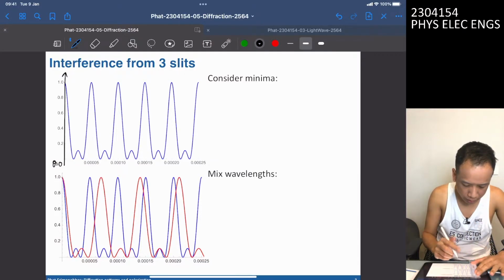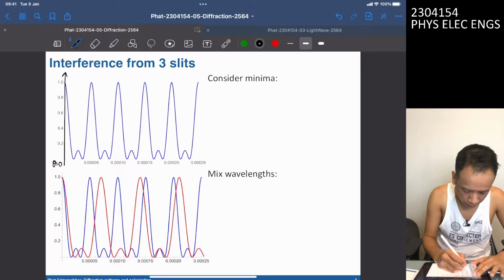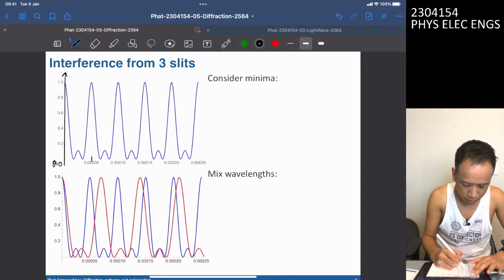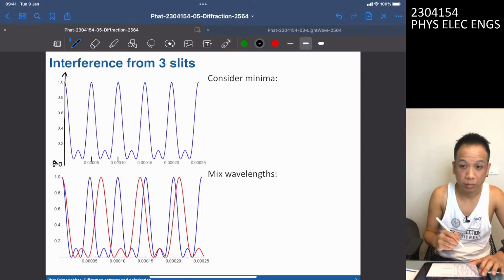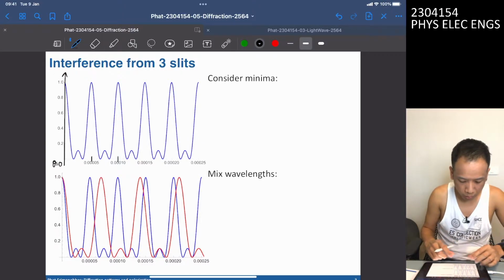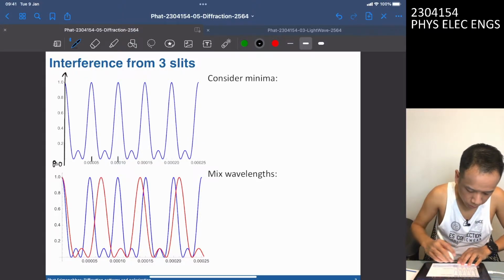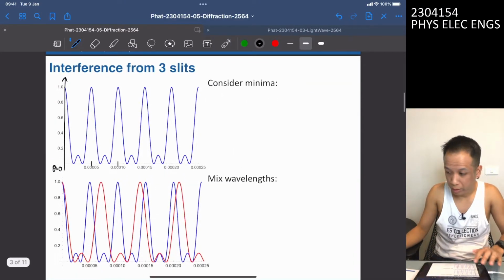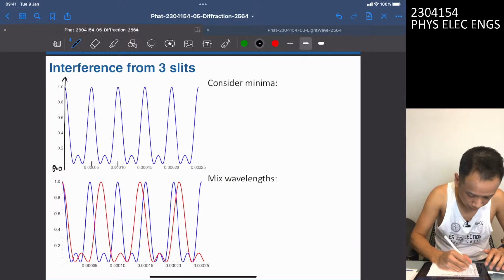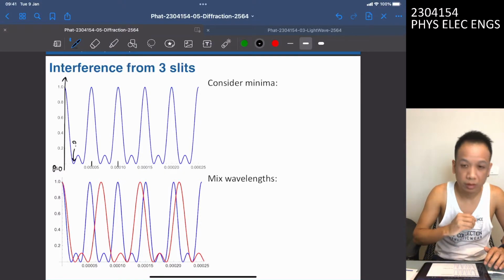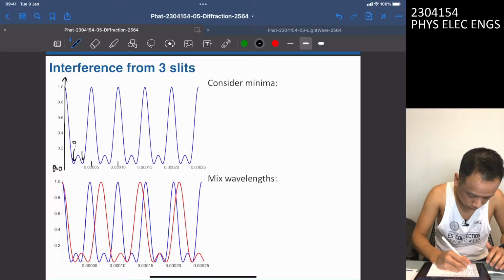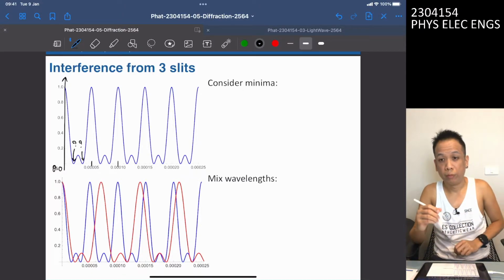Then you get another principal maxima. But before we go to that, we would like to learn first about the minima. Here you also have 2 minima.